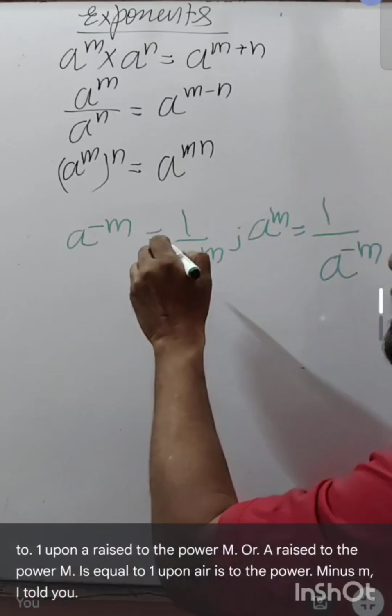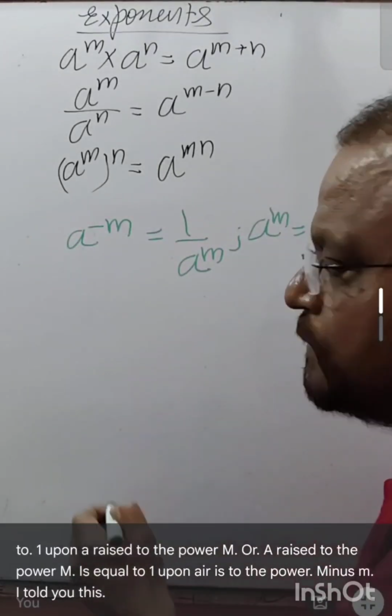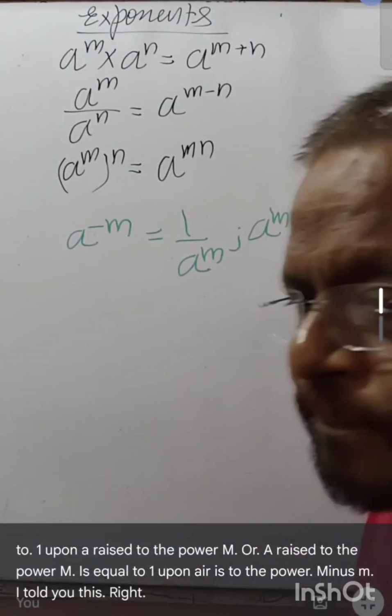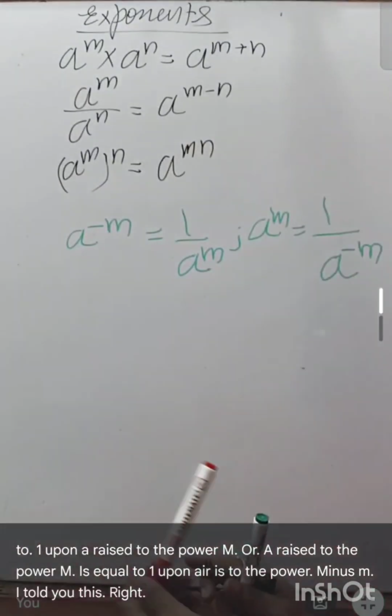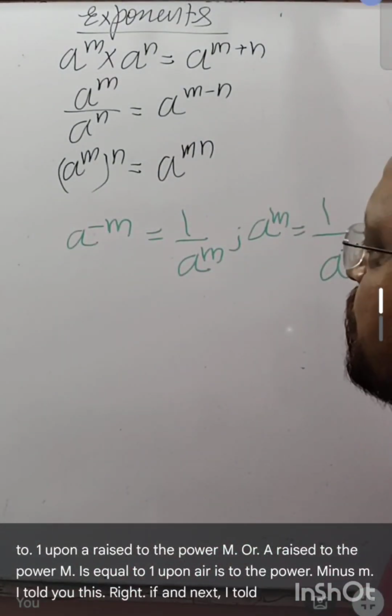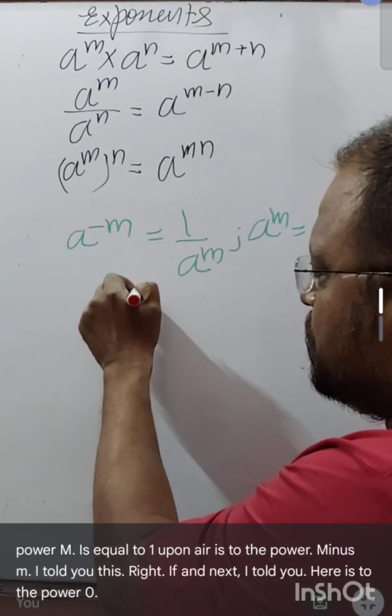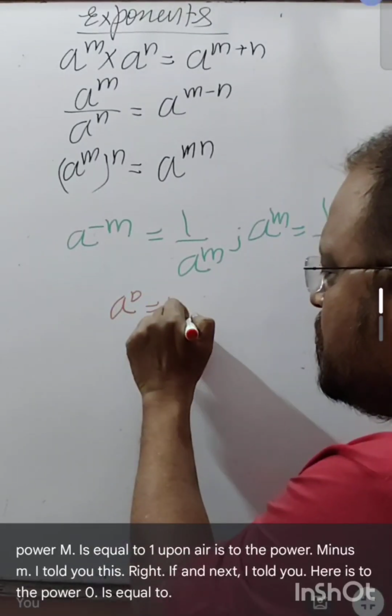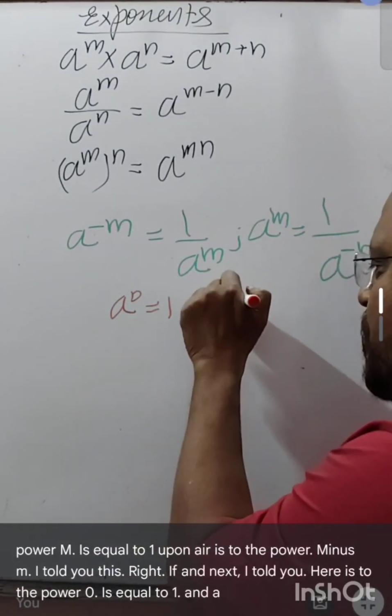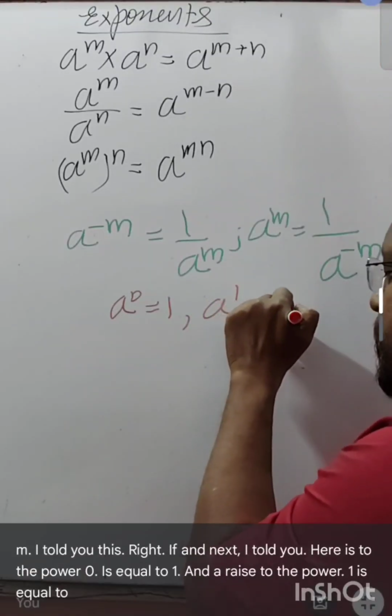I told you this, right? And next I told you a raised to the power 0 is equal to 1 and a raised to the power 1 is equal to a.